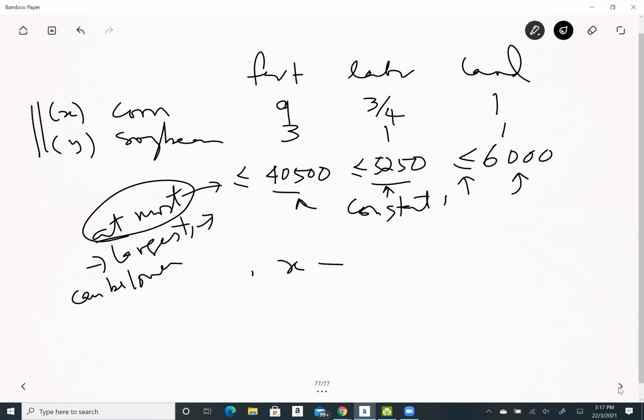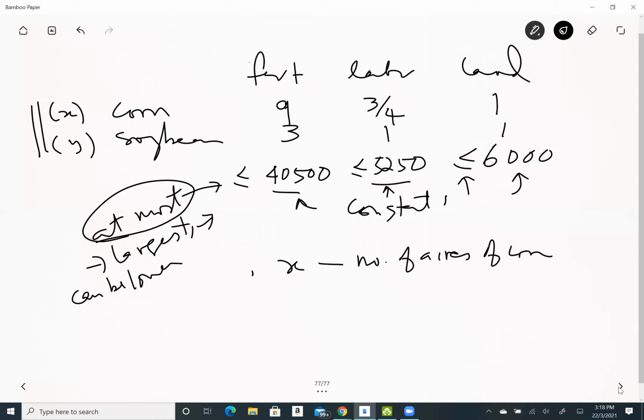The x and y is not just corn, it's the amount of land grown with corn. The number of acres of corn, or the quantities of corn in acres.